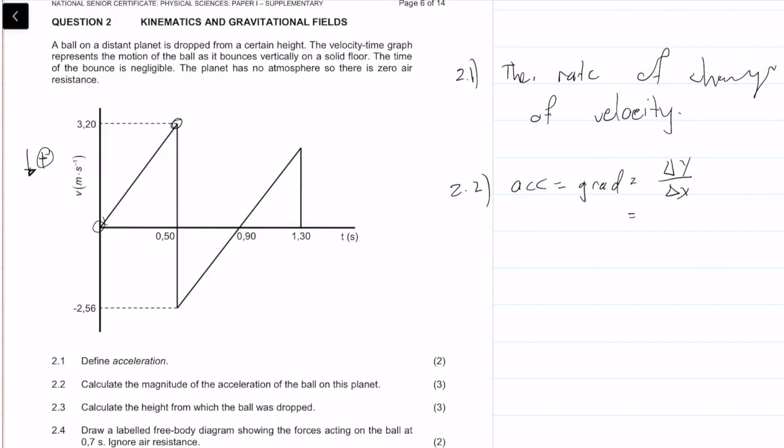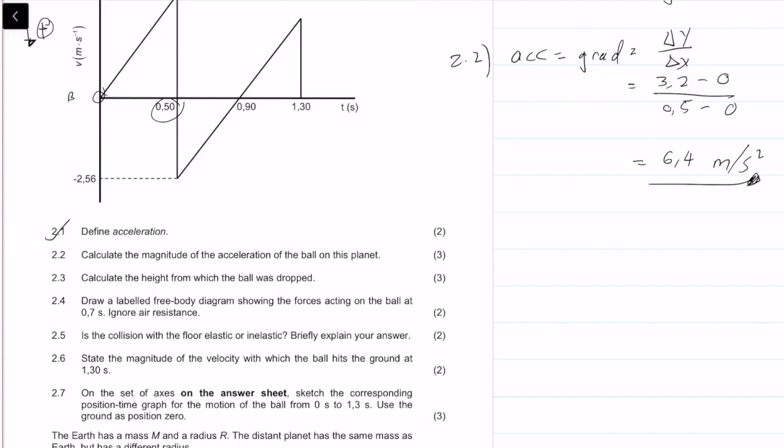I'm going to label this a, this point b, so our change in y is y of a, which is 3,2 minus 0, over the x value, which is 0.5 minus 0, and so the acceleration is 6,4, and it has units of meters per second squared. Okay, and that's our answer. And 2 marks and 3 marks.